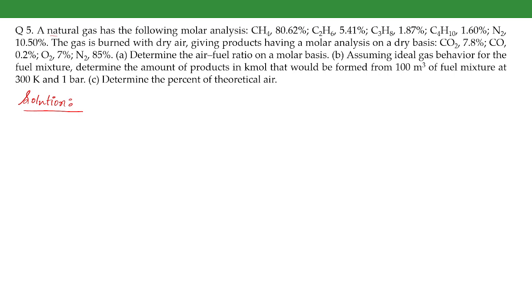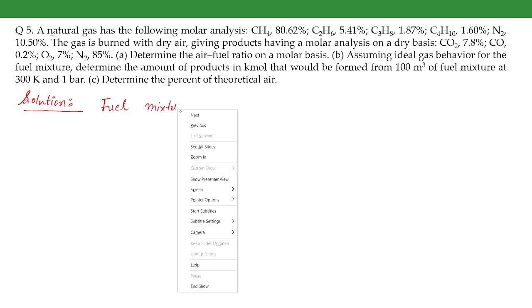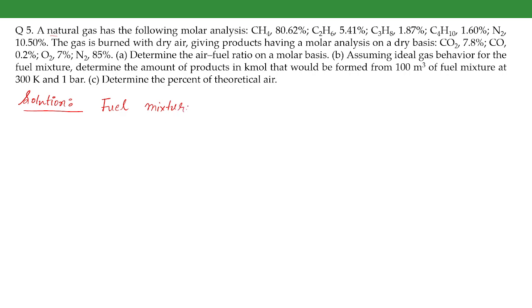All of these are individually considered as ideal gases. Then this mixture of gases will also be an ideal gas. Therefore, the fuel mixture is modeled as an ideal gas.